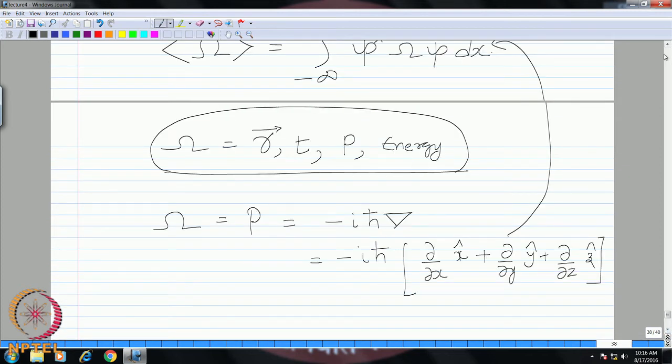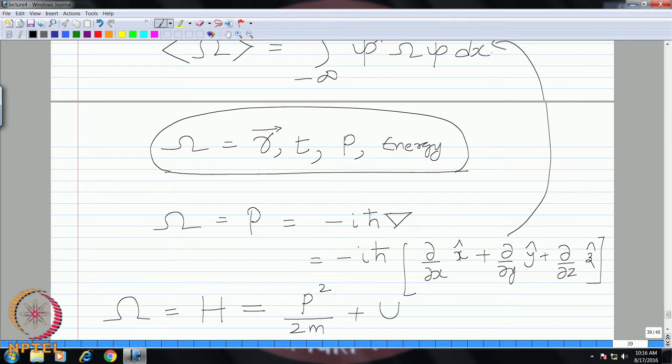Similarly, you have to understand the energy operator. The energy operator is represented by this Hamiltonian symbol H, okay. And how do you calculate the energy if you look at the particle picture? It is basically the momentum square by 2m plus your potential energy u, right.